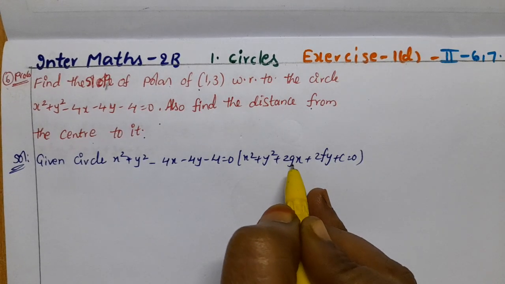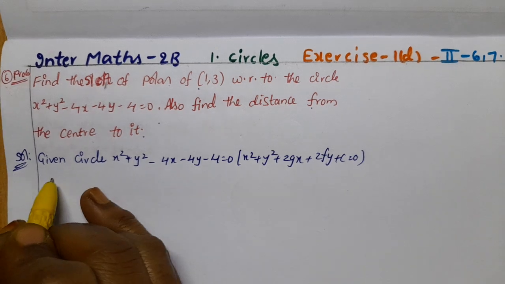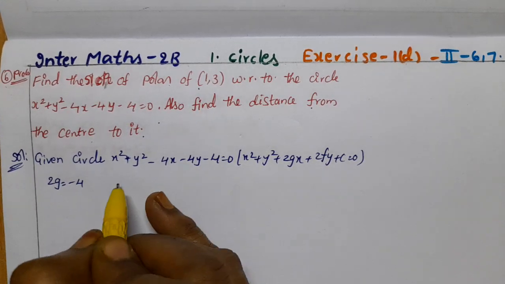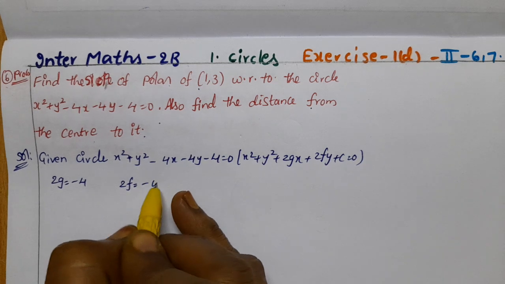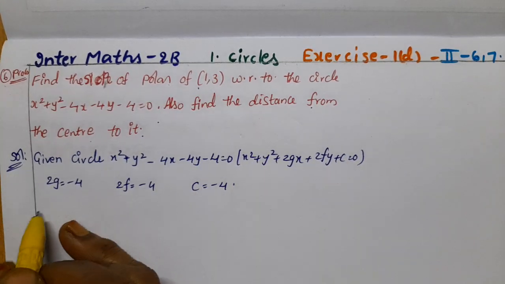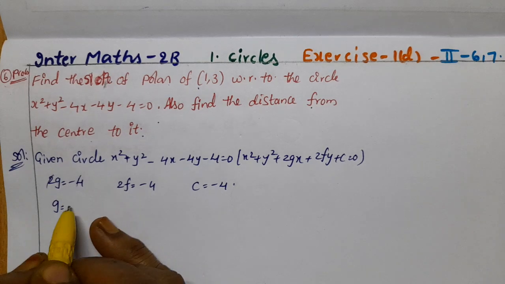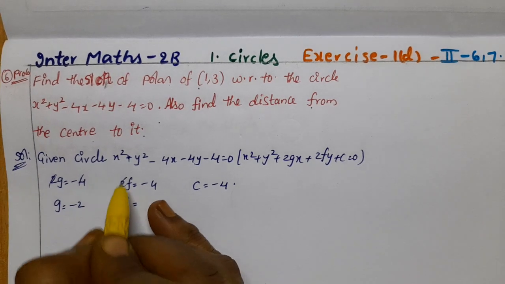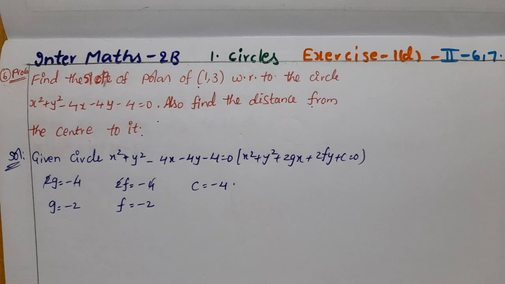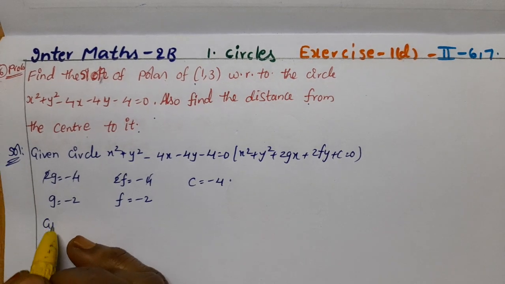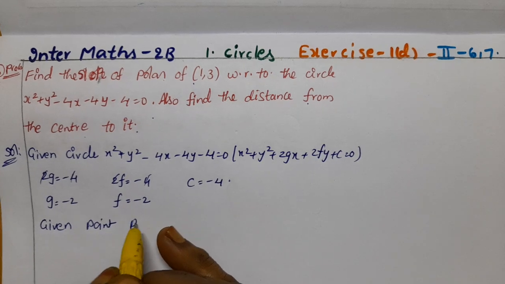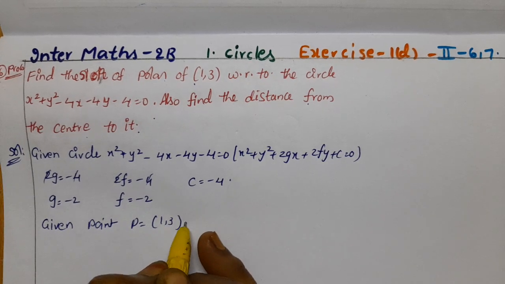Then the x coefficient 2g = −4, the y coefficient 2f = −4, and the constant c = −4. Then g = −2, f = −2, c = −4. Given point P = (1, 3).